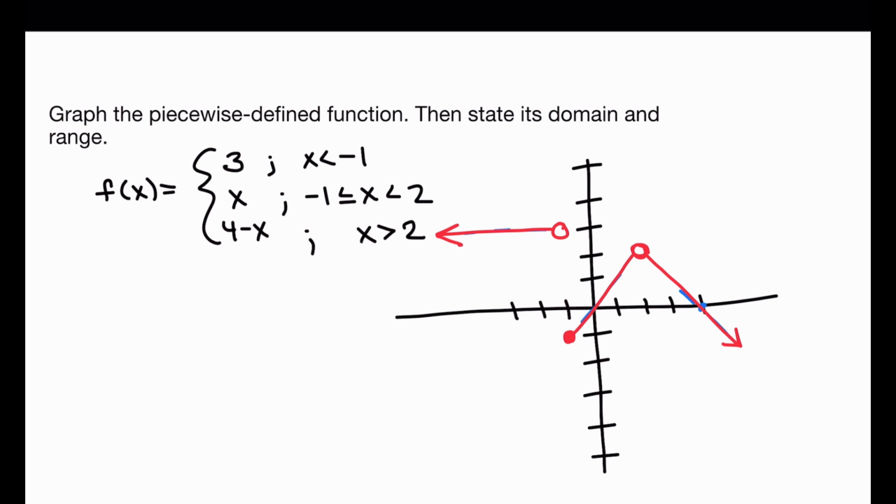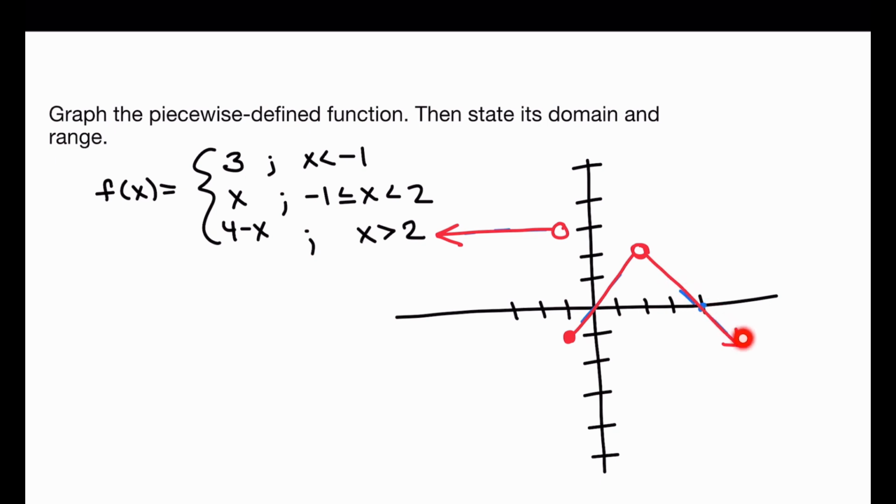All right, let's do the domain and the range. So domain, I'm going to read this graph from left to right. This graph starts at negative infinity. And then at negative 1, it is defined. It just bumps down to the middle piece. So it's defined from negative infinity. But when you get to 2, there's an open circle. There is no point at 2.